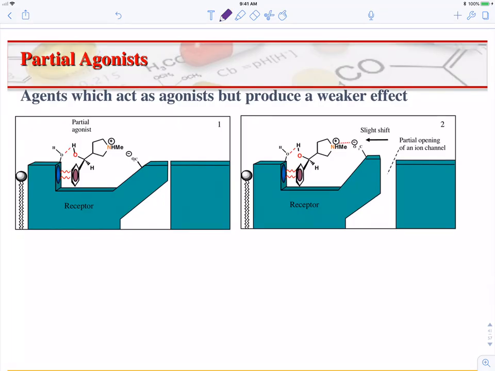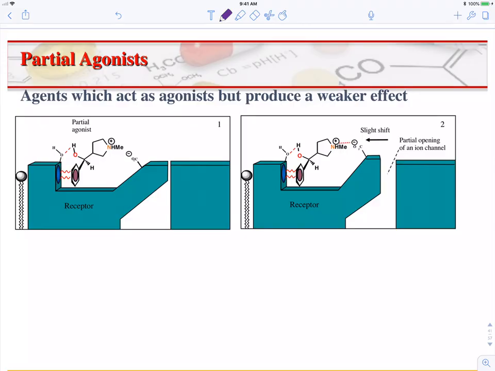Another peculiar category that we have with receptors and we didn't have with enzymes is the concept of partial agonists. So those are agents that act as agonists but produce a weaker effect than a natural agonist. And so there are generally different mechanisms involved in this.